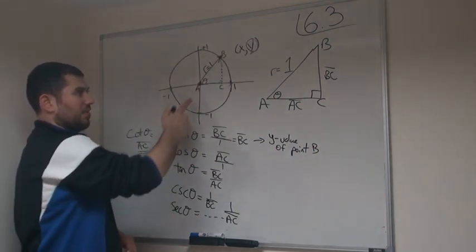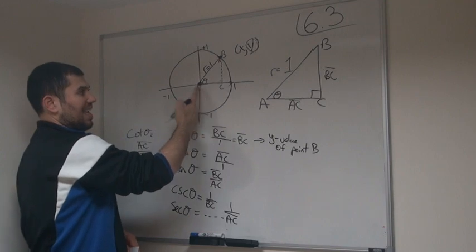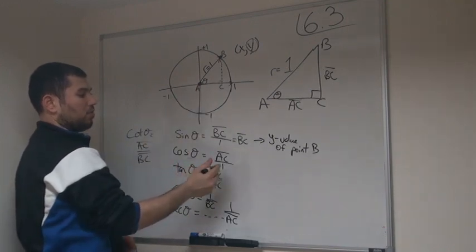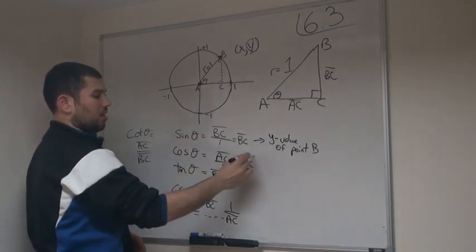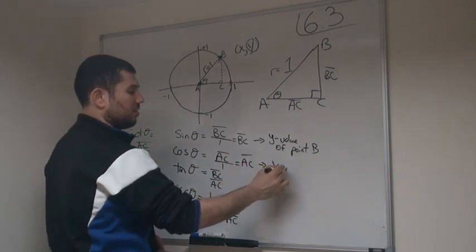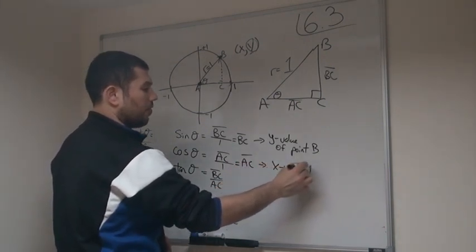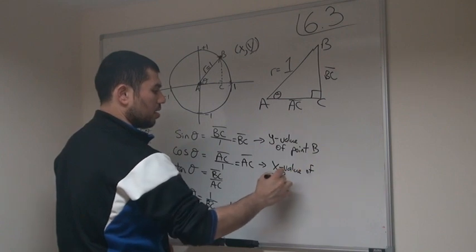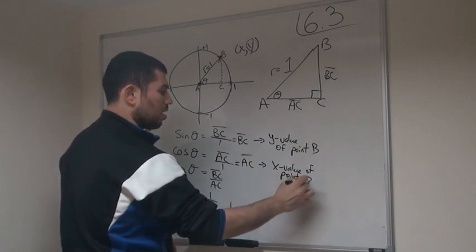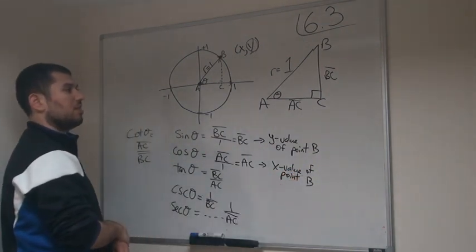The cosine of this angle is AC over 1, which is just AC. That's equal to the x value of point B. Weird.